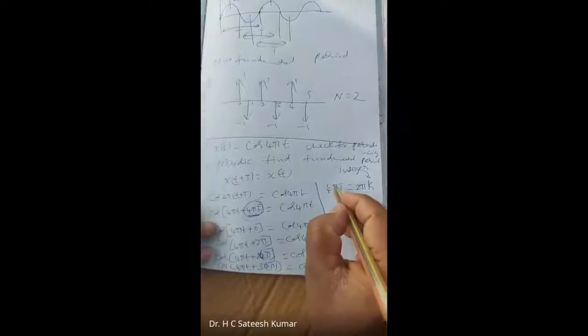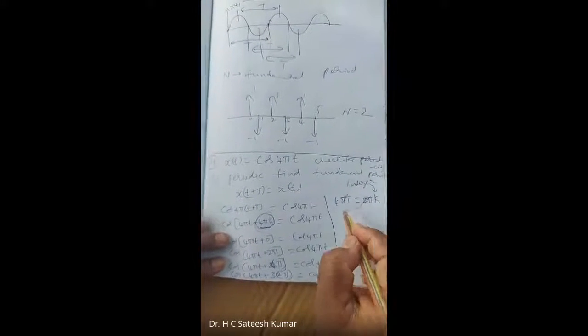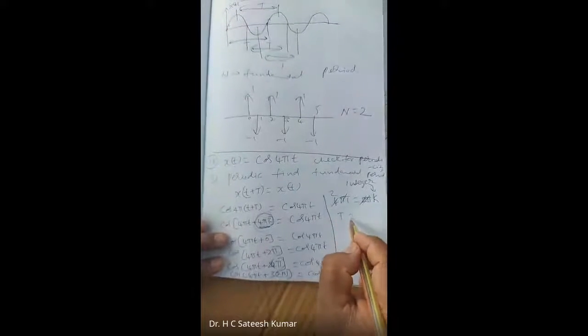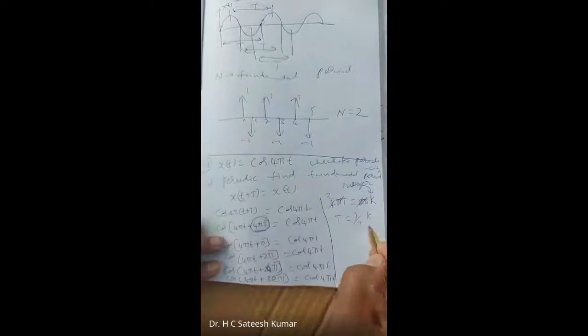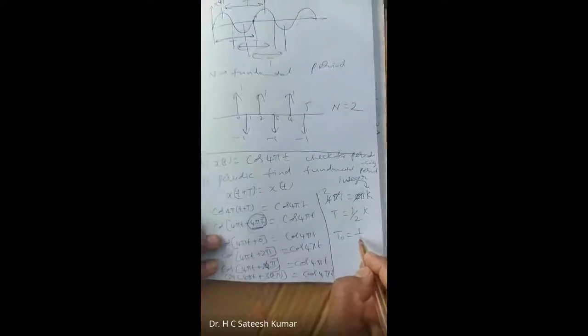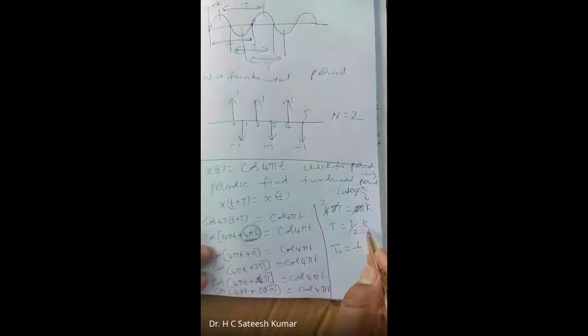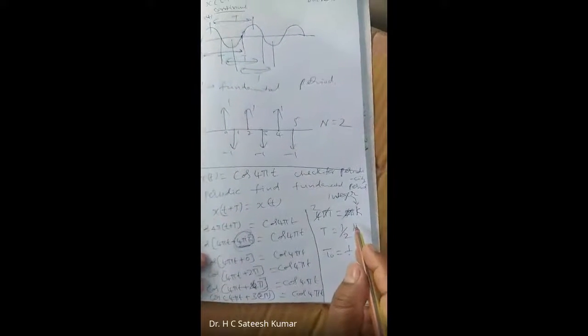So pi gets cancelled, and this is 2 times. Therefore, T is equal to 1 by 2 k, and T naught is the fundamental period. For the least integer value of k, we get the fundamental period. The least integer value for this one is what?